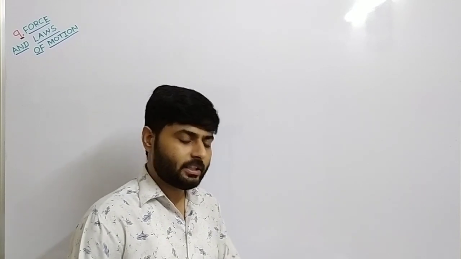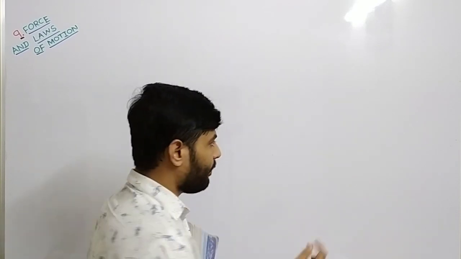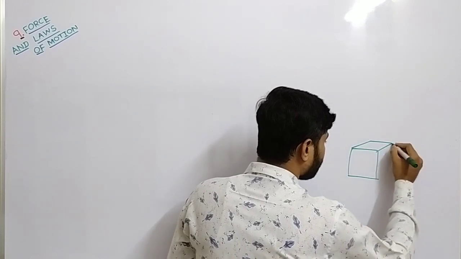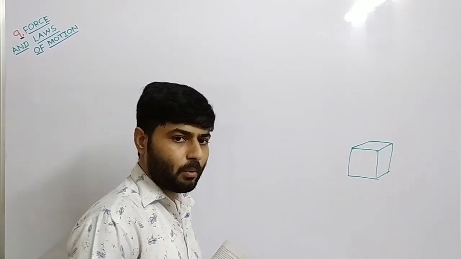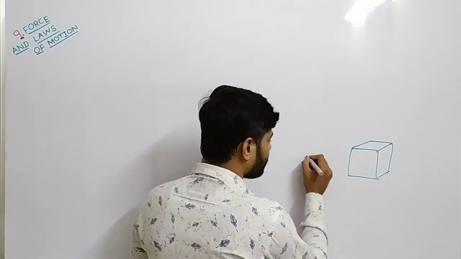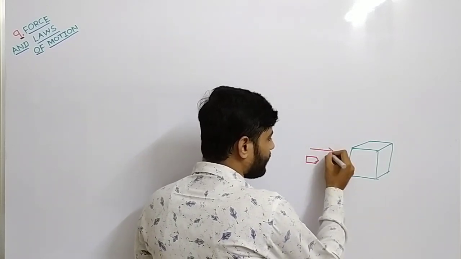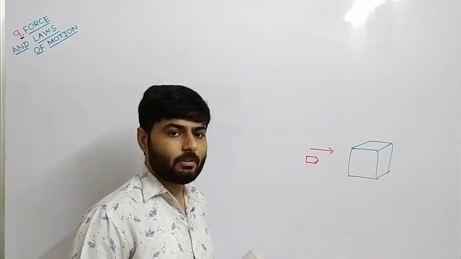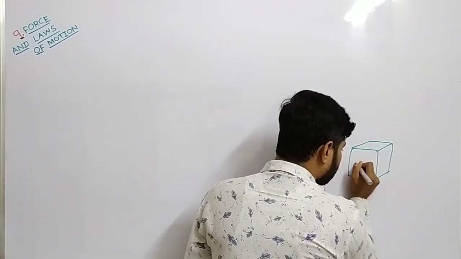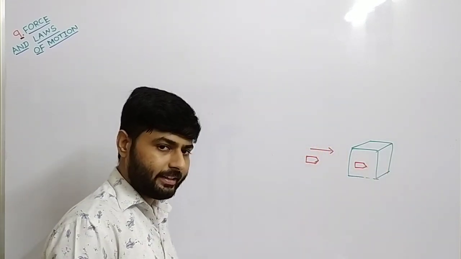Okay, let's understand the data first. We have one wooden block like this, and there is one bullet fired on this wooden block. This bullet travels with velocity 150 meter per second, and it will hit this block, and obviously it will penetrate into it.